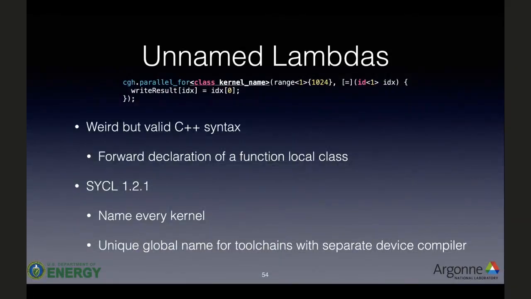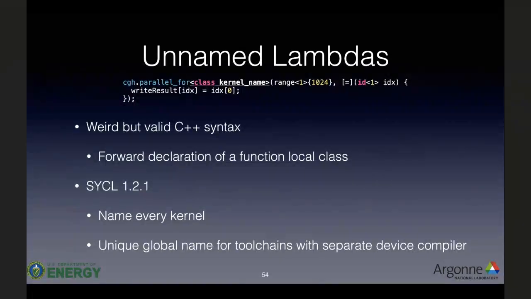And it turns out this thing is weird, but it's valid C++ syntax. What it does is, if the kernel name has not been seen before for a class or struct, then it's a forward declaration of a function local class of the function that encompasses this line of code. It's a very weird thing.